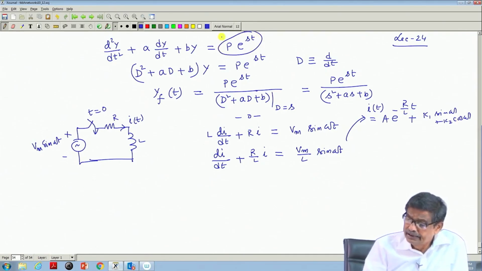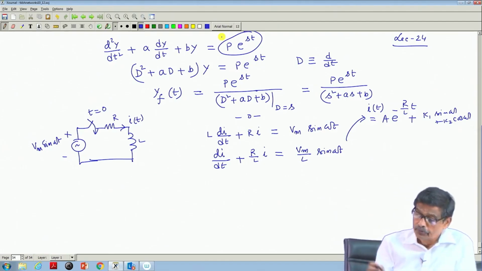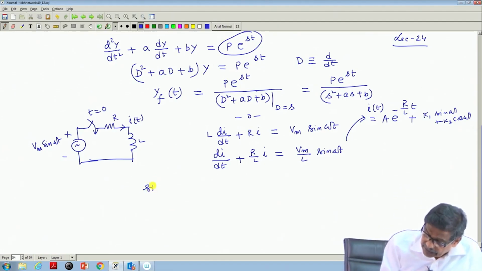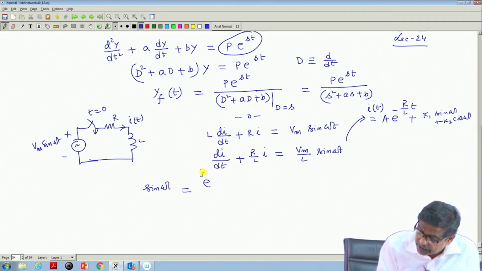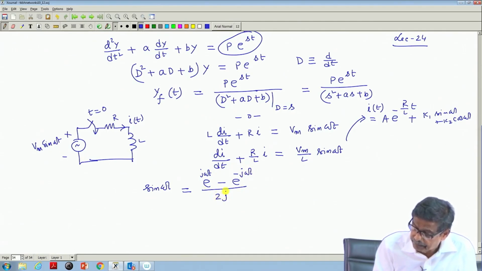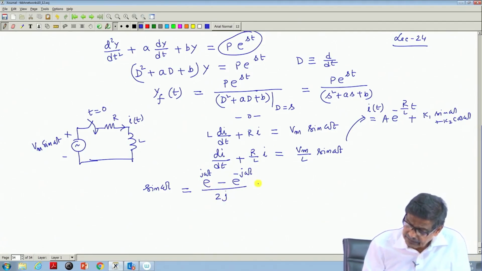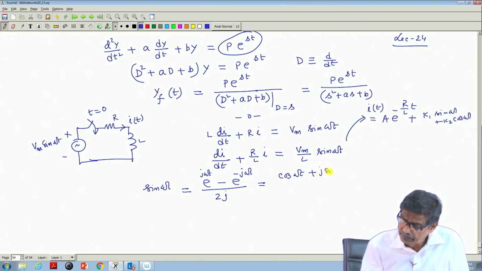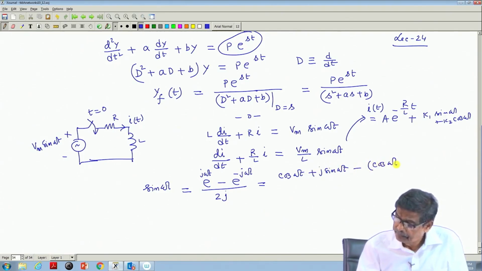On the right hand side as such there is no exponential term, but if you look carefully you should know from complex algebra that sin omega t can be written as e to the power j omega t minus e to the power minus j omega t divided by 2j, because this is true: cos omega t plus j sin omega t, this is the first term, minus cos omega t minus j sin omega t.